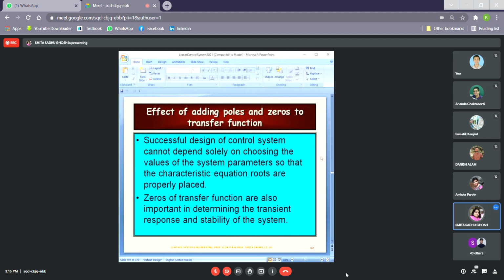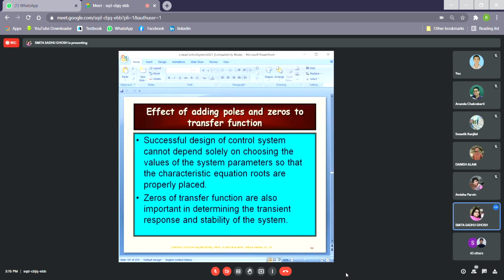So what is done is that a small order system is designed first as a starting point, and then the effect of adding poles and zeros is visualized, and the designer proceeds appropriately in that way.